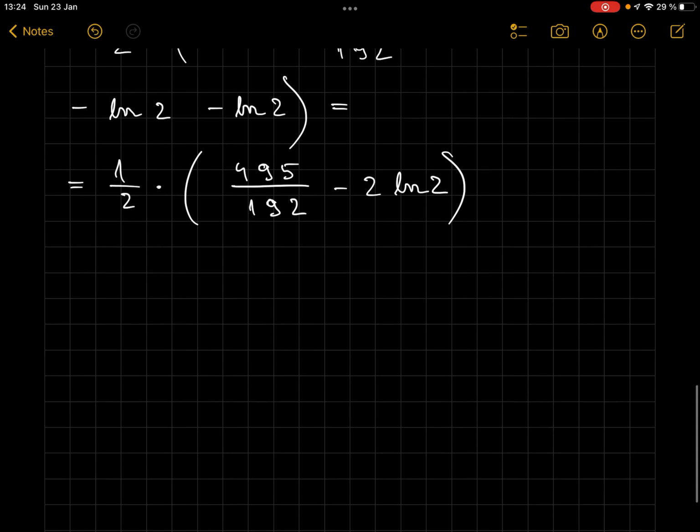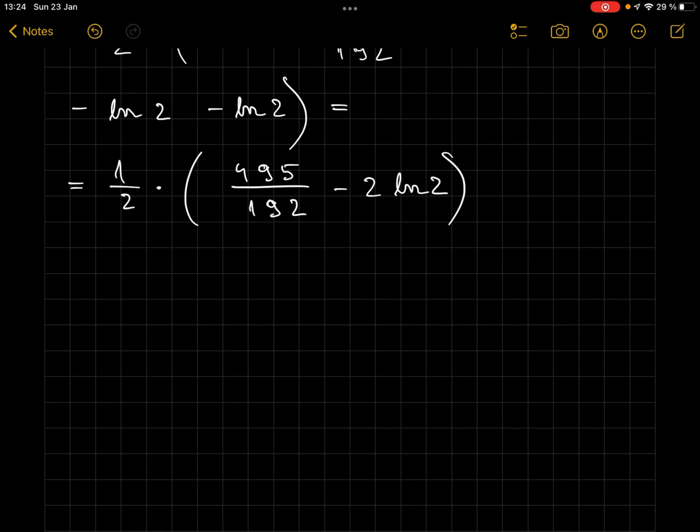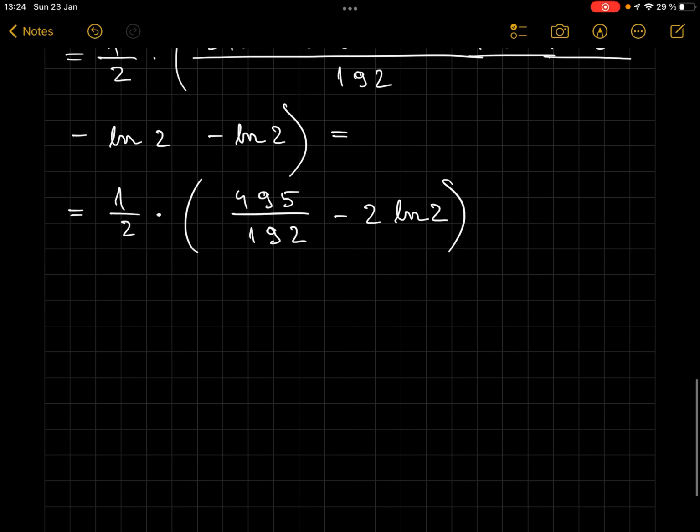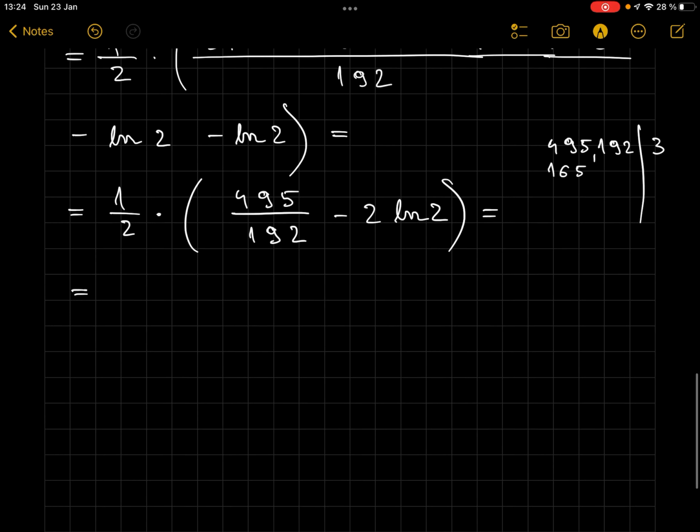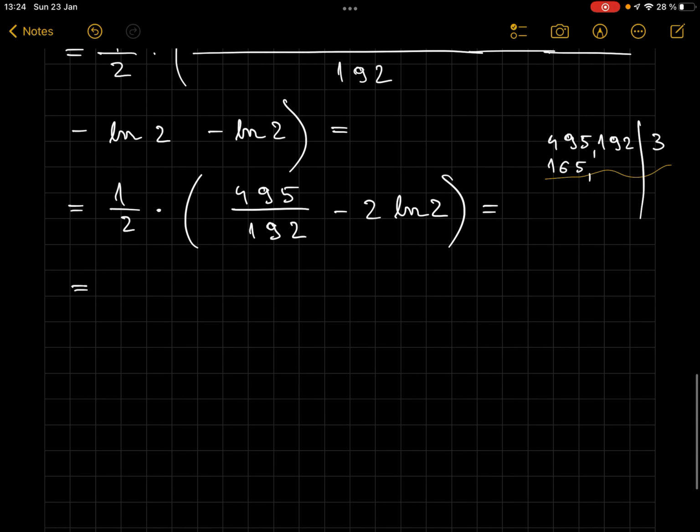and we can actually simplify this rational part, this fraction here. 495 and 192, both of them are divisible by 3. This here is going to be 165, 192 divided by 3 is 64.